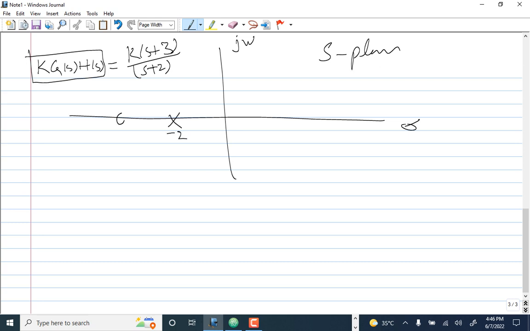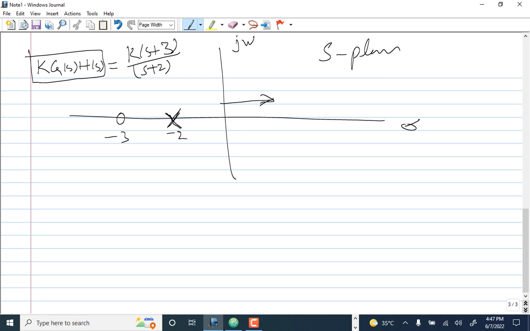So for example, if this is your -2 and you have a zero at -3, now we apply the rule on the j omega axis. If you look in this direction and count the number of poles and zeros, here there is no pole or zero, so the number is even.